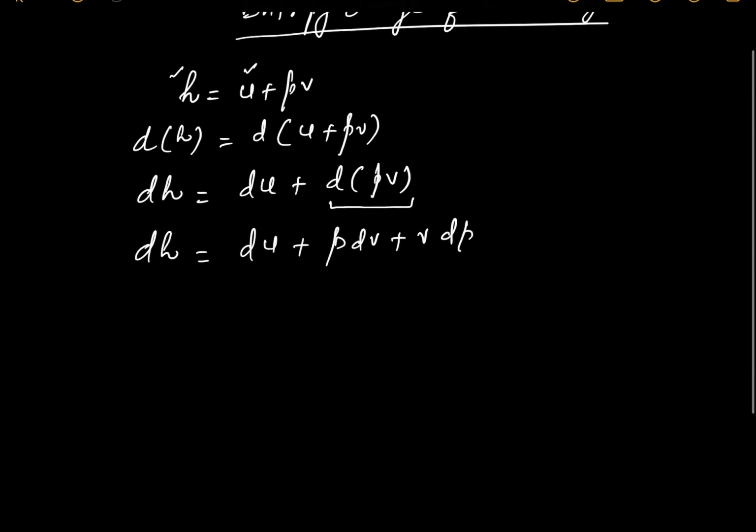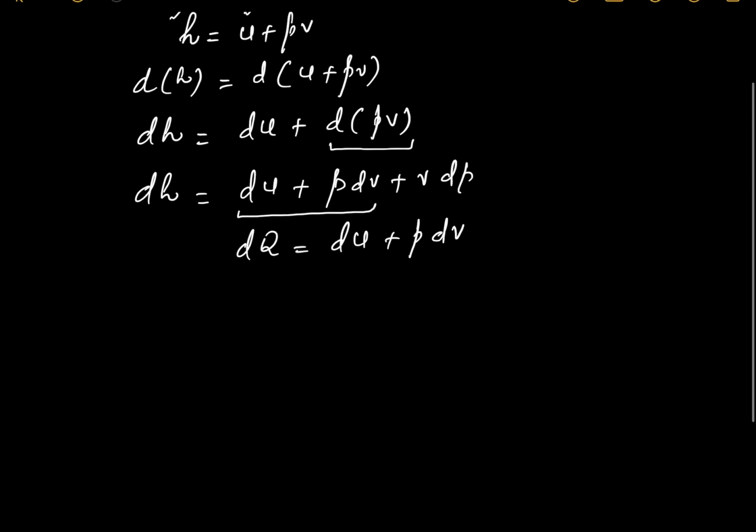So from first law of thermodynamics we can say that dQ is equal to dU plus P dV. So we can simply replace dU plus P dV in this equation by dQ, which gives us dH equals dQ plus V dP.